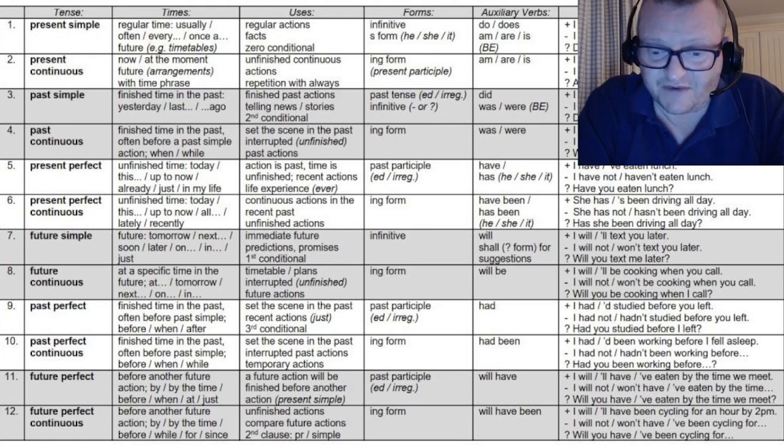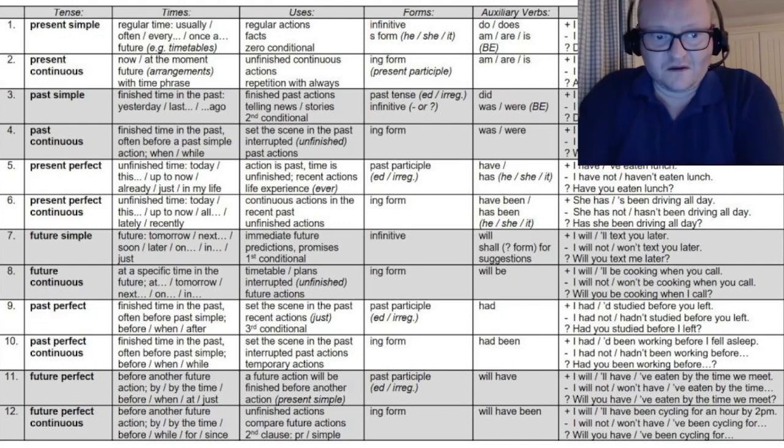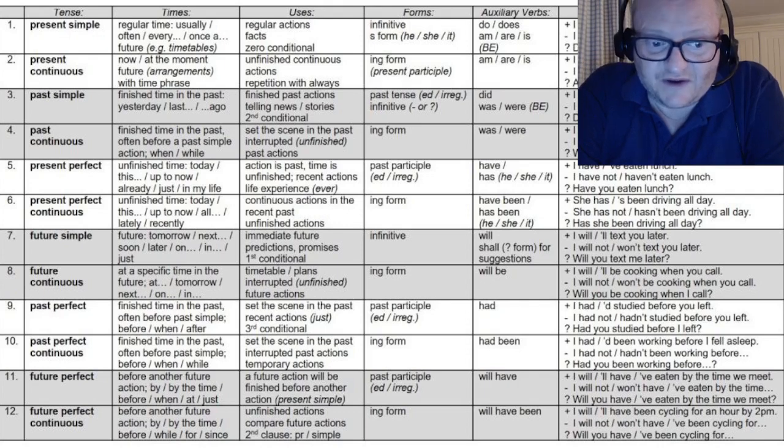Present simple pops up in the future, in the second clause, in future continuous, in future perfect. I will have done something by the time we meet. I won't have finished. No, I won't have done it. Will you have finished this report by next Friday? No, probably not. I won't have had time to do it.